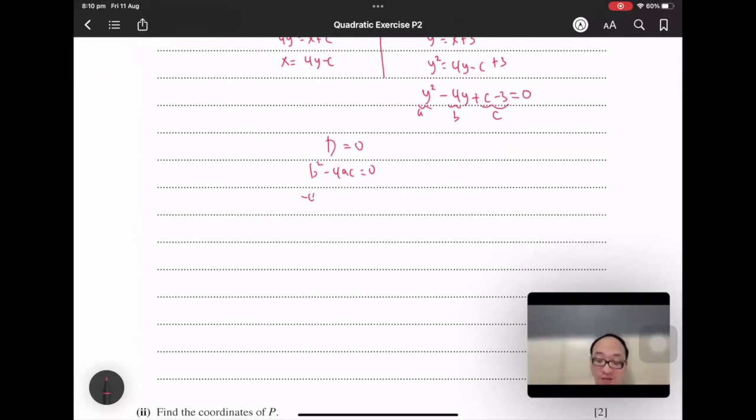So B is negative 4 squared minus 4 times 1, and then the C is c minus 3. So 16 minus 4c plus 12 equals 0. So 4c equals 28, c equals 7.